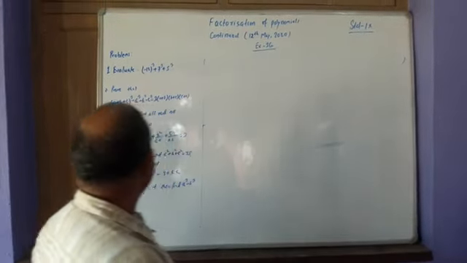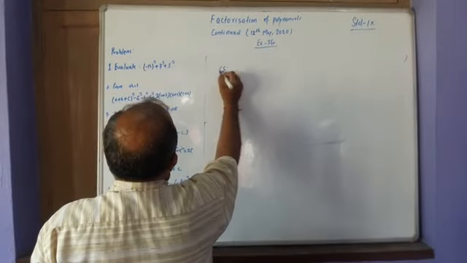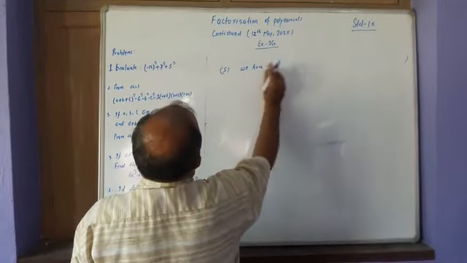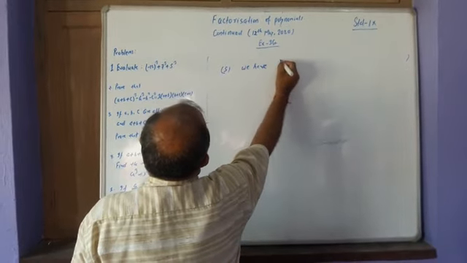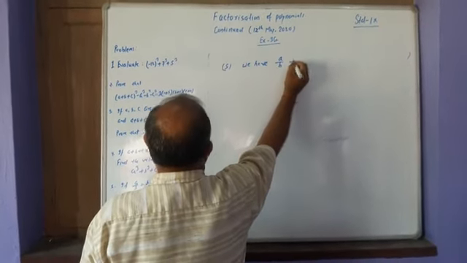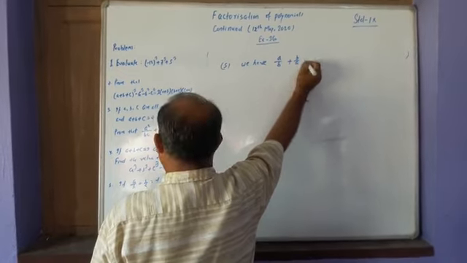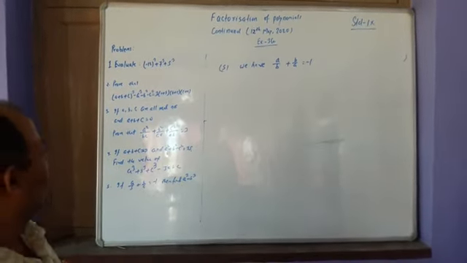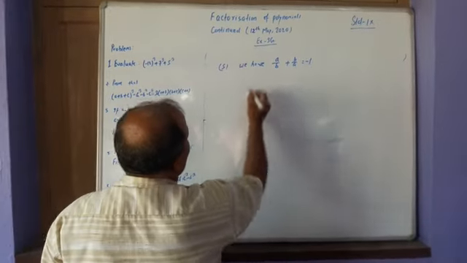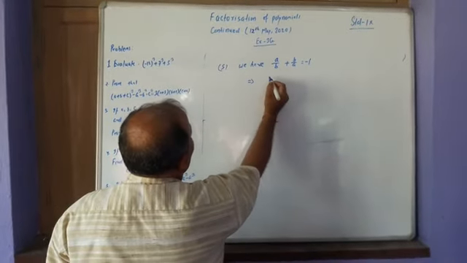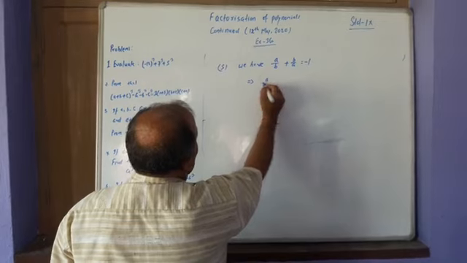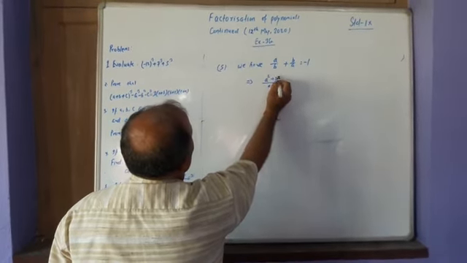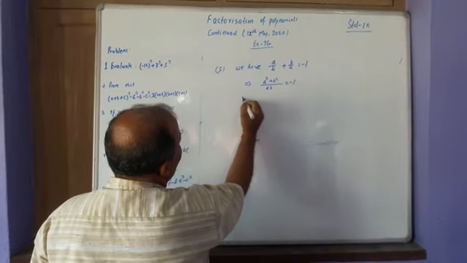Next problem. In the fifth problem, we have A by B plus B by A is equal to minus 1. Which will give, LCM will be AB, A square plus B square over AB is equal to minus 1.